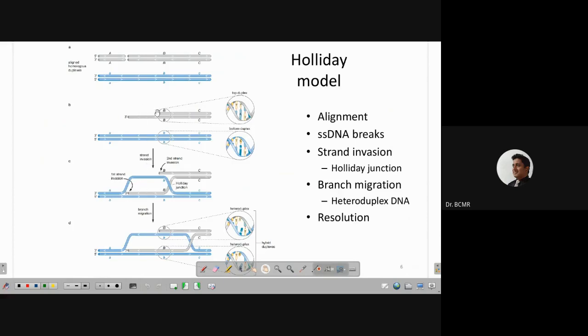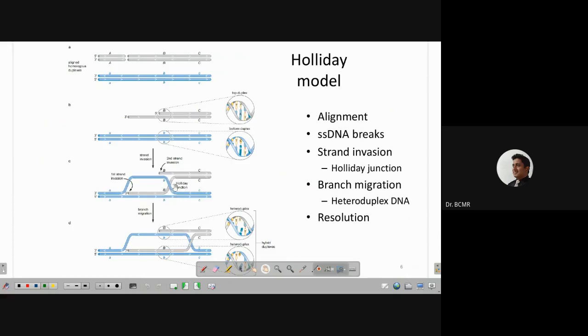And then we have processing of DNA to generate 3' overhangs, and these 3' overhangs will invade the lower DNA molecule. That is called strand invasion, and it will result in the displacement of the strand to the top DNA molecule and will result in formation of the Holliday junction.